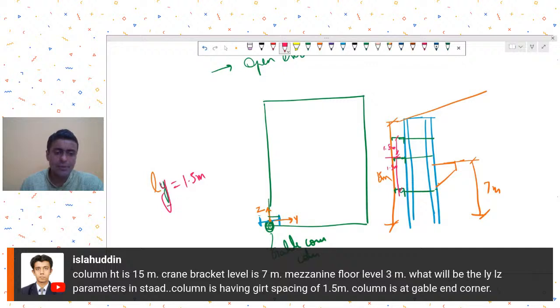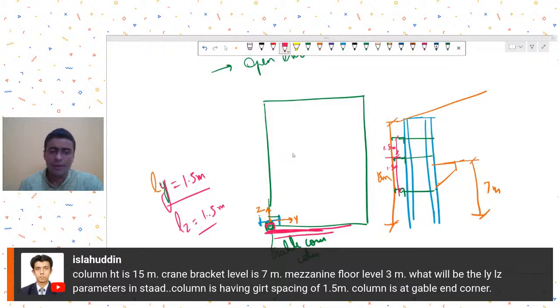So assuming these two things, I would say that LY in this case, you can take as 1.5 meters. Now, if it's a gable corner, the girt over here in the gable is slightly tricky. Because you brought a case of gable corner, there will be girts on this face too, again at a spacing of 1.5 meters. But that placement of girt is slightly tricky. Now, some people will take LZ also equal to 1.5 meters, because they will say that the girt on the gable face is also providing support.